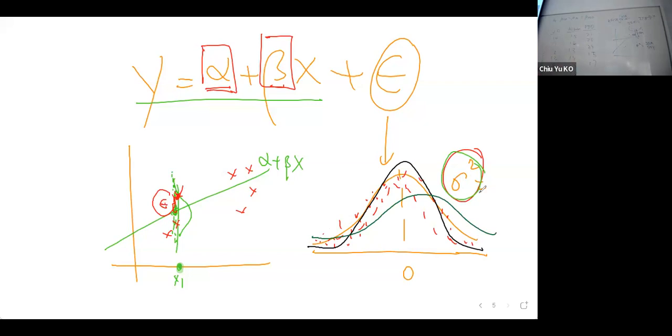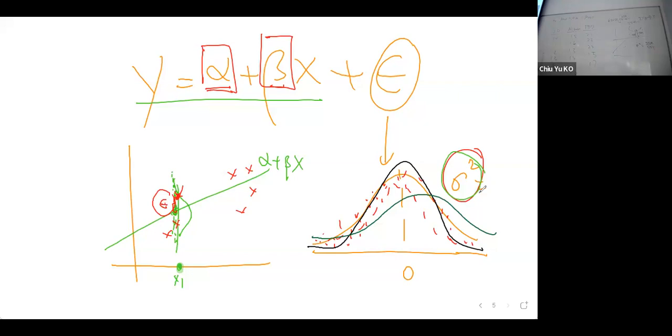The MLE is trying to look at this parameter. There's a distribution here to fit. The easiest case is I know alpha and beta, then what is left unknown is this sigma square. Given alpha and beta, depending on the data, I will have a bunch of error terms. Then I try to vary my sigma such that this is the best fit.